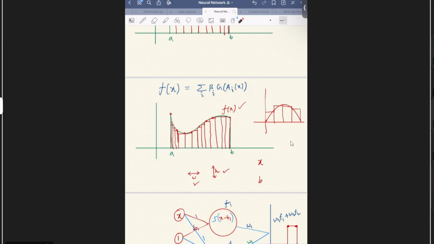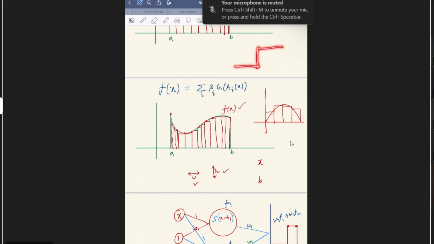So for that, we have started without any g. I could say here g is not there. G is a simple identity, or you can say that g is a simple activation function, a step function which takes 0 for x less than 0, or 1 if x greater than 1.